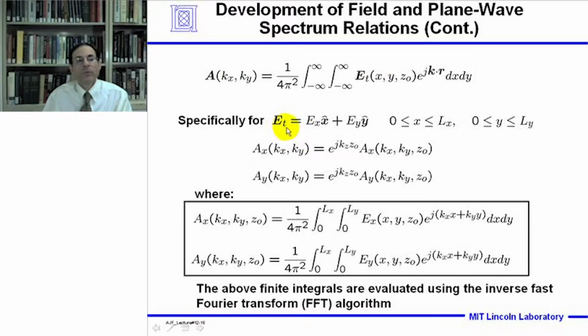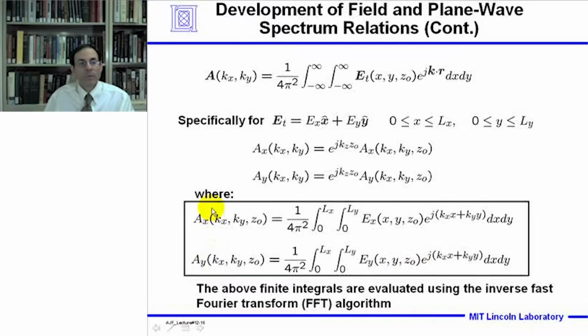And specifically, if the tangential electric field consists of x and y components only, and that's over the sample plane, now we can write A sub x and A sub y in terms of kx and ky, and so we can express the x and y components of the plane wave spectrum as the finite integral over the xy plane of the x component of the electric field evaluated on a plane at z0, and the y component of the electric field also evaluated at z0.